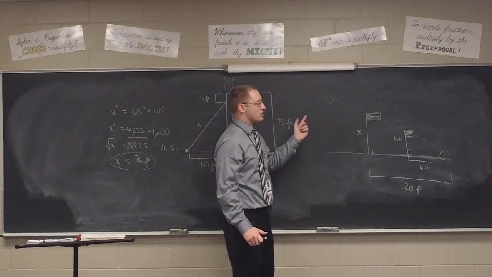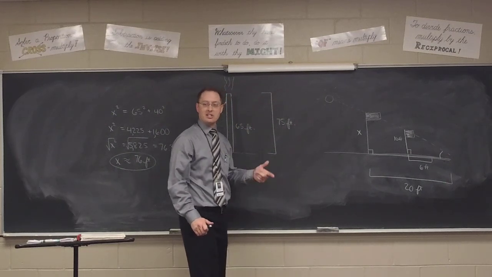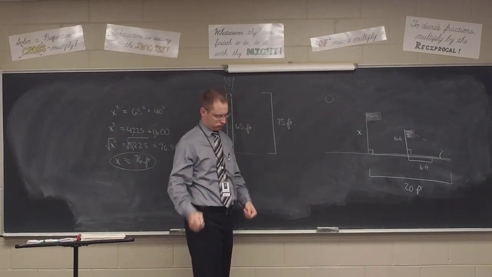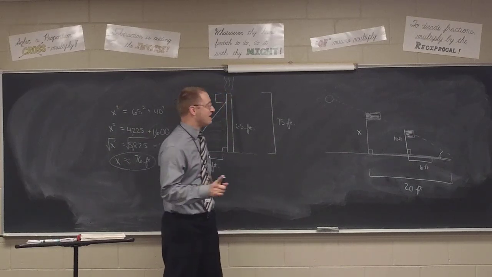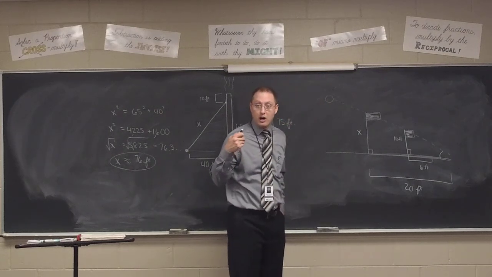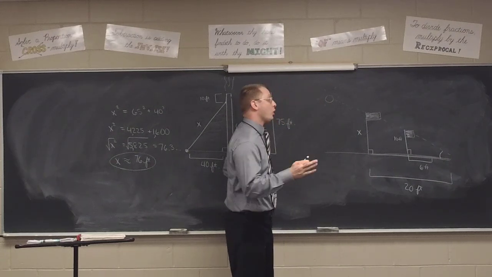And if triangles are similar, corresponding sides of similar triangles are proportional, so that the ratio of any two sides, which we call the ratio of similitude, holds true.